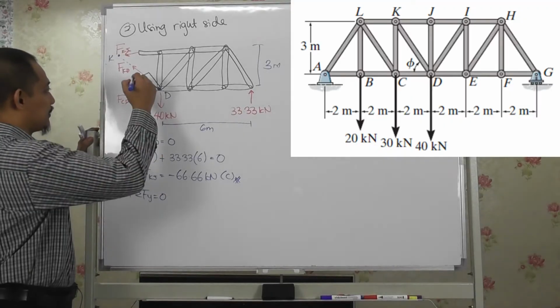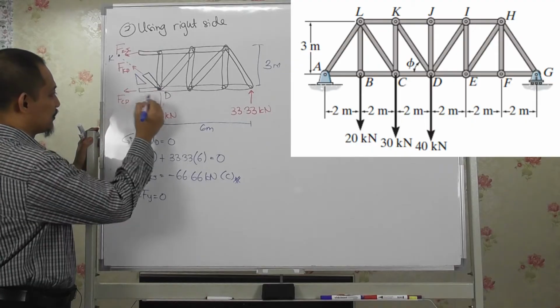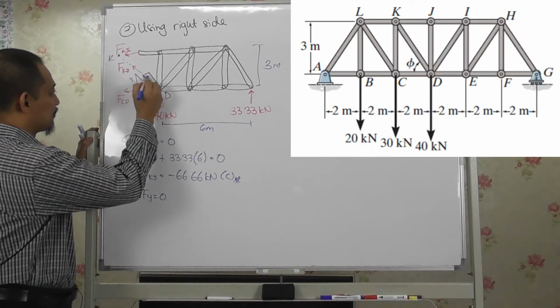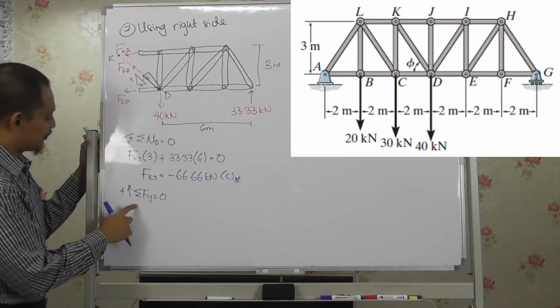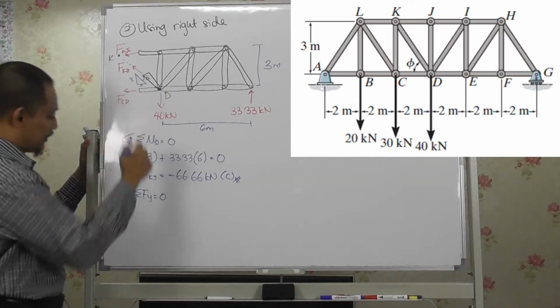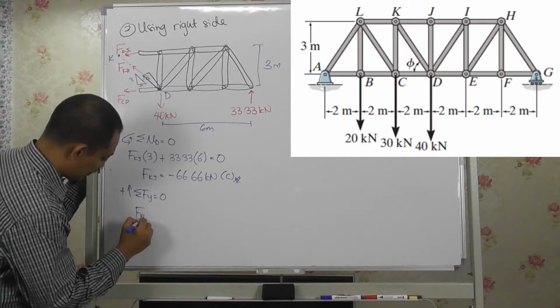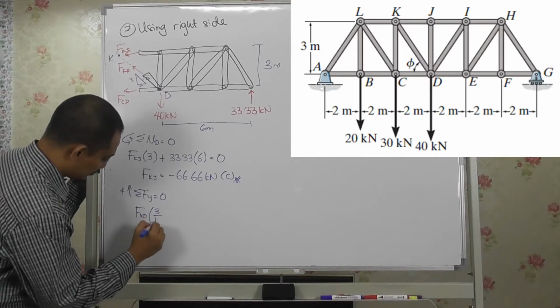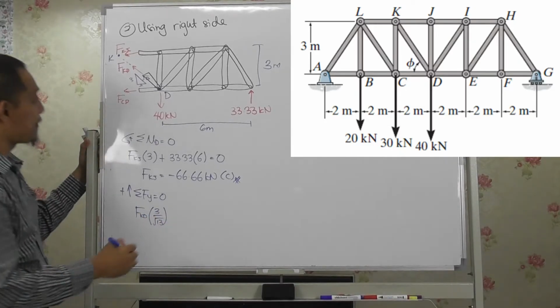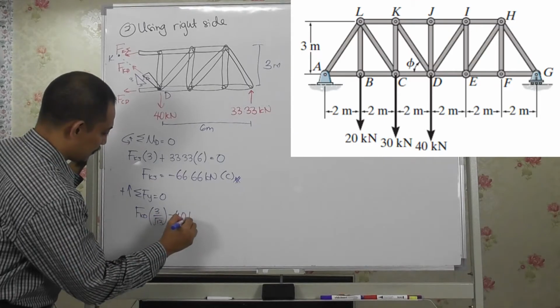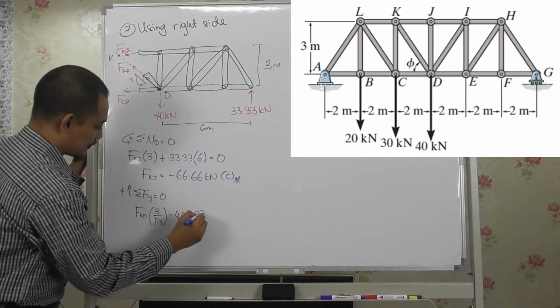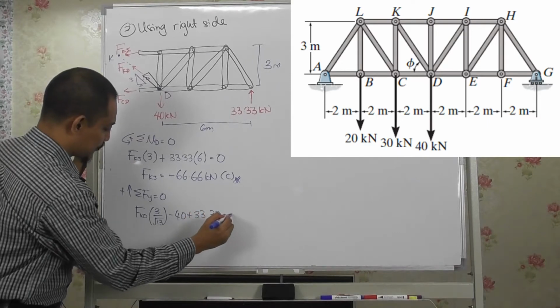You have, okay, again, this is the same triangle. So this is 2, this is 3, this is root 13, right? So you have summation of Fy, right? So FKD 3 over root 13, and then this is minus 40, and then this is plus 33.33 equal to 0.